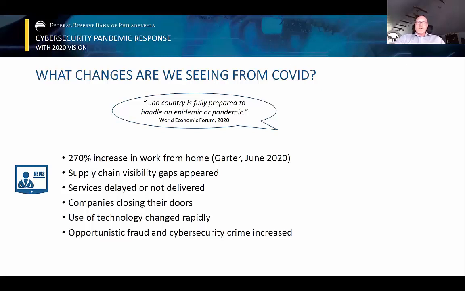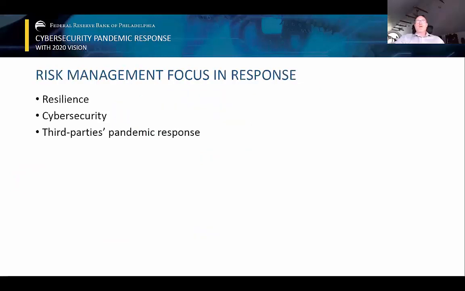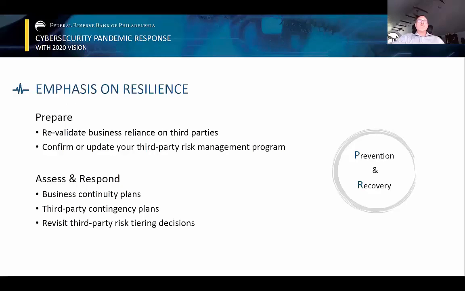So let's look at some things now that we can do in response. Again, I've got them grouped into three categories: resilience, cybersecurity, and then third-party pandemic response. First one, I want to place an increased emphasis on resilience. What can we do to prepare for this?